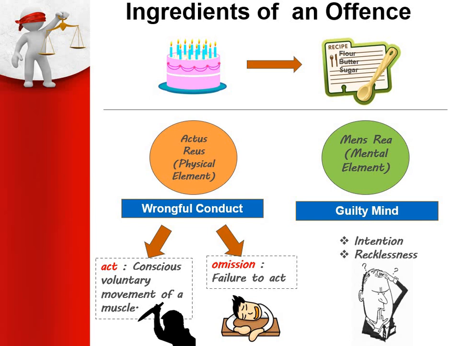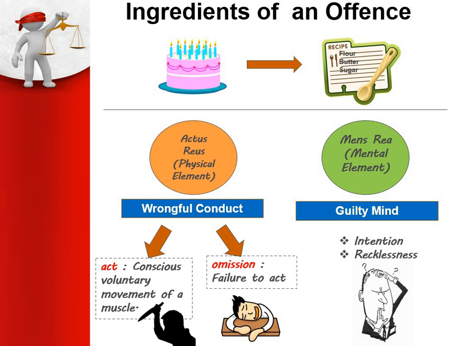So, the actus reus of an offence can be established either through an act or by an omission, which means a wrongful conduct. Now, even when baking a cake, several ingredients go first. Similarly here, when the prosecution is establishing an offence, the prosecution has to first establish the actus reus and then move on to the mens rea.